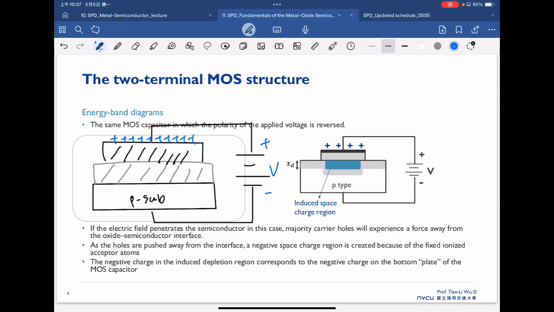So now we can foresee that once we apply the positive on top, that means we will force the holes to go far away from the interface, right? Because that's due to the Coulomb repulsive force. Where we apply the positive on top, it will force the holes to leave away from our interface.